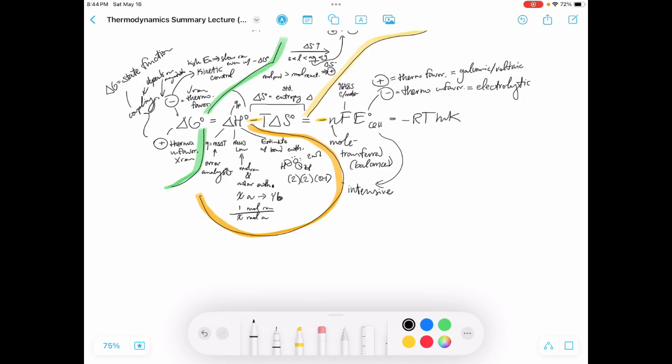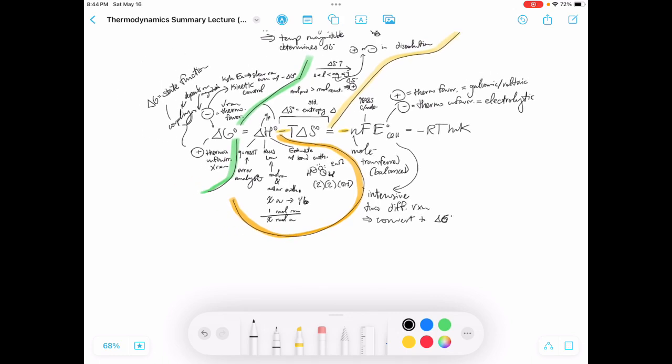So if I have two different reactions, you cannot add it up with Hess's law. You have to convert to delta G so that you can couple it, right? Notice how this all ties together.